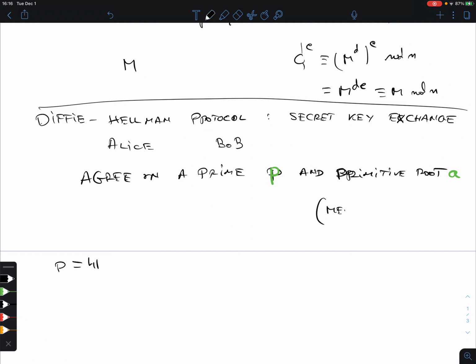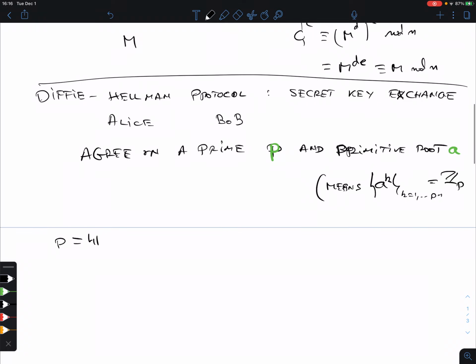This means that if you take all the powers of A, you get Z_P, well, you have to add 0 to it. So remember, a primitive root means that if you take the square, the cube, the fourth, the fifth power, you get all the non-zero numbers in Z_P, right? That's what a primitive root mod P is. So they decide on that publicly. Everybody knows what they do.